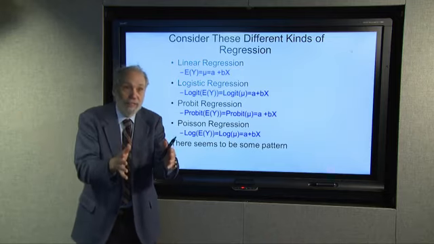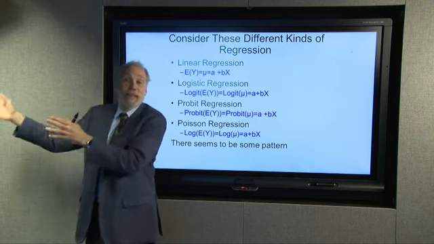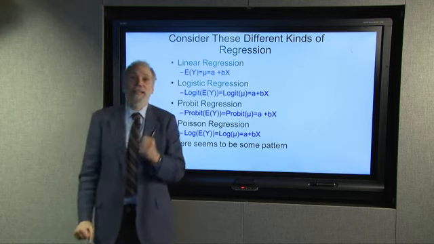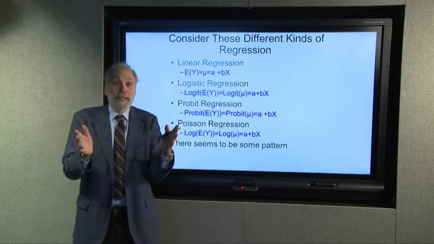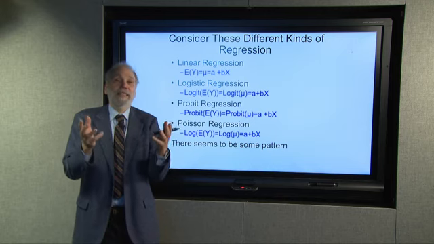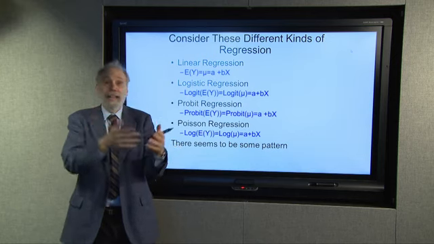There's an effect of pack years, and there may be an effect of gender, and there may be effects of other things. Now, of course, it might be that there's some effect modification, that there's an interaction between pack years and gender, and that's fine.